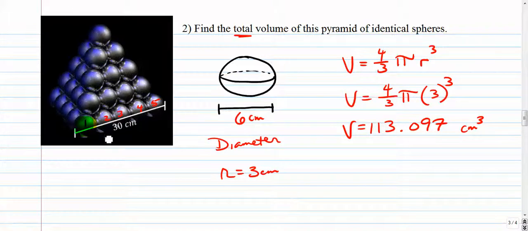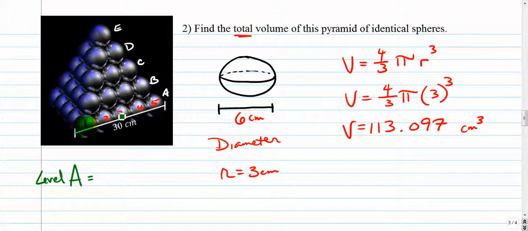So let's think about this for a second. I'm just going to go along the base first. We're going to call this level A, level B, level C, D, and E. So level A has how many spheres in it?